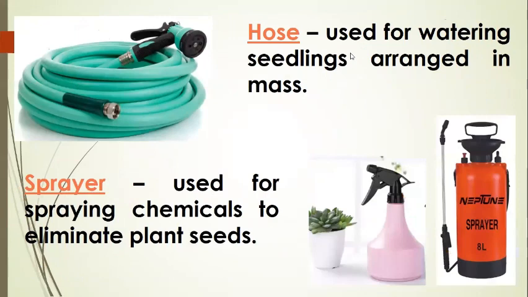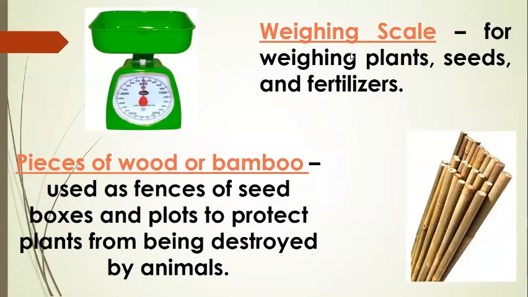Okay, you have the hose for watering matured plants, but for seedlings, it's dangerous. Then the sprayer. You spray your chemicals or fertilizers, or even for sensitive plants like succulents, you use the sprayer in watering them. We have the weighing scale for weighing plants, seeds, and fertilizers.